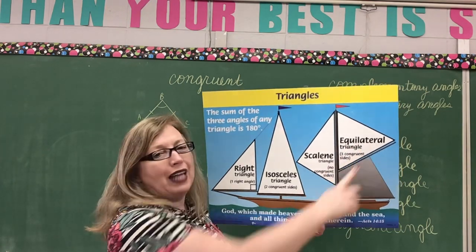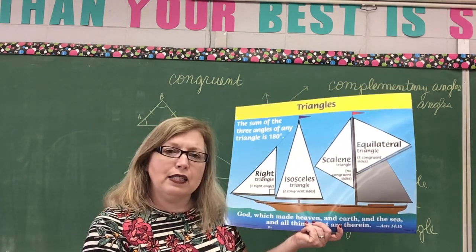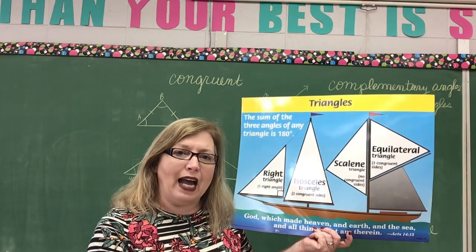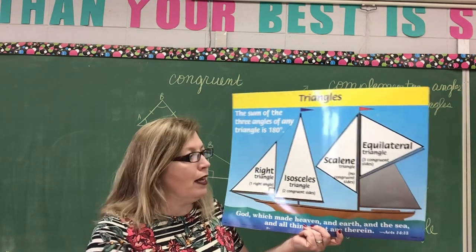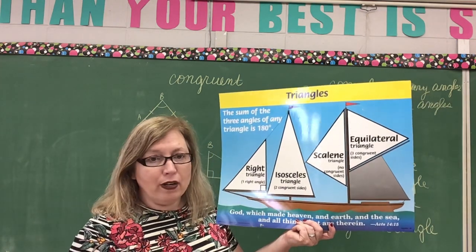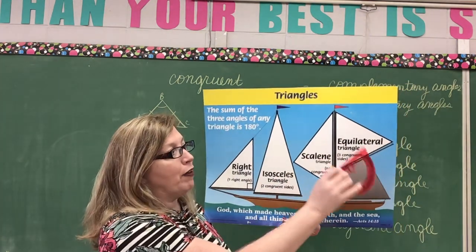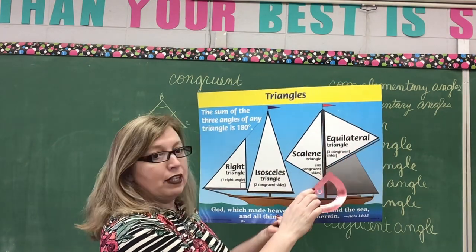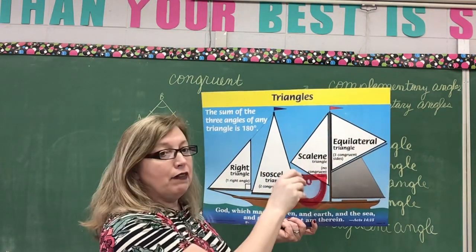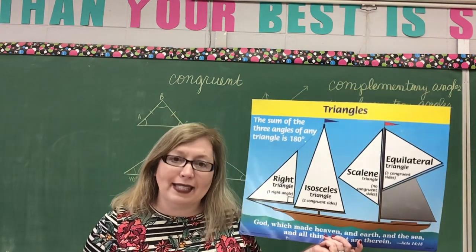It's an equilateral triangle. It simply means all three sides of the triangle are the same. Okay, so if I took my protractor and I measured this triangle, I would find the length of this side, the length of this side, and the length of this side to all be the same.